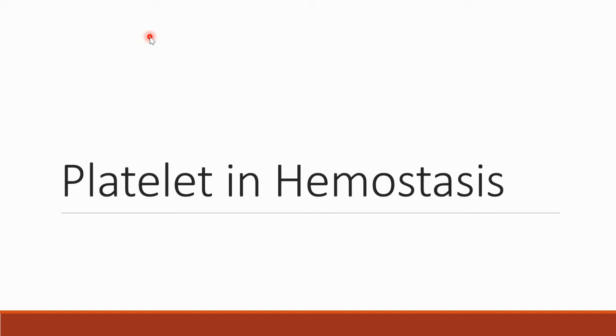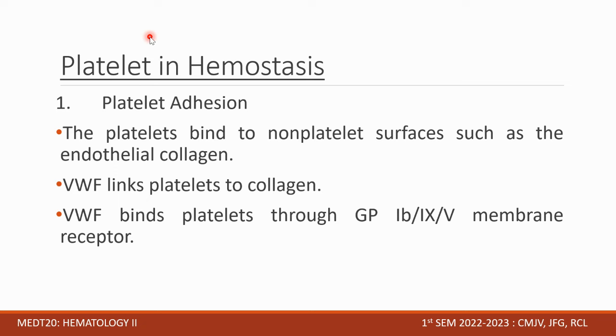So what is the role of our platelets in hemostasis? Number 1, platelet adhesion. The platelets bind to non-platelet surfaces such as the endothelial collagen. Non-platelet surfaces, for example the damaged blood vessel itself, that is where the platelets stick. It is called platelet adhesion.